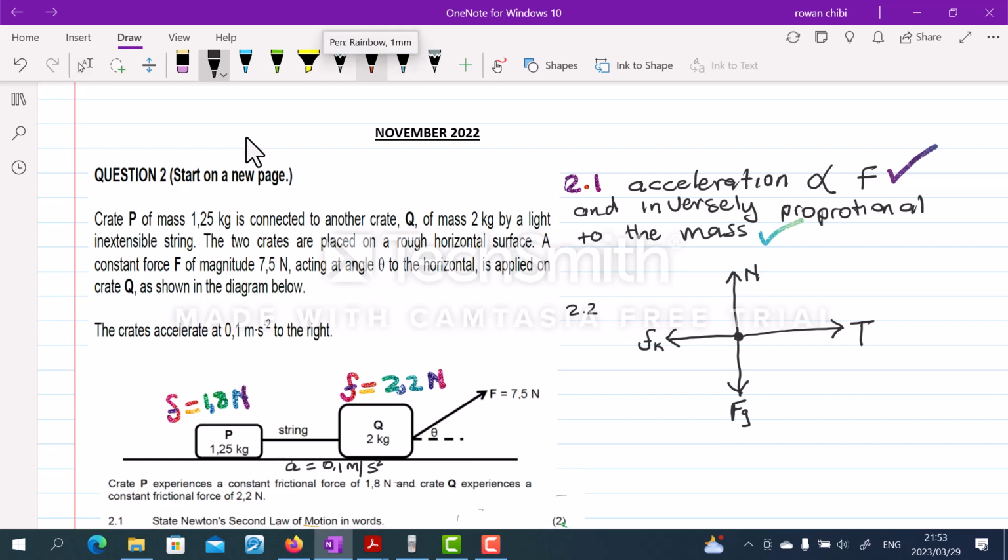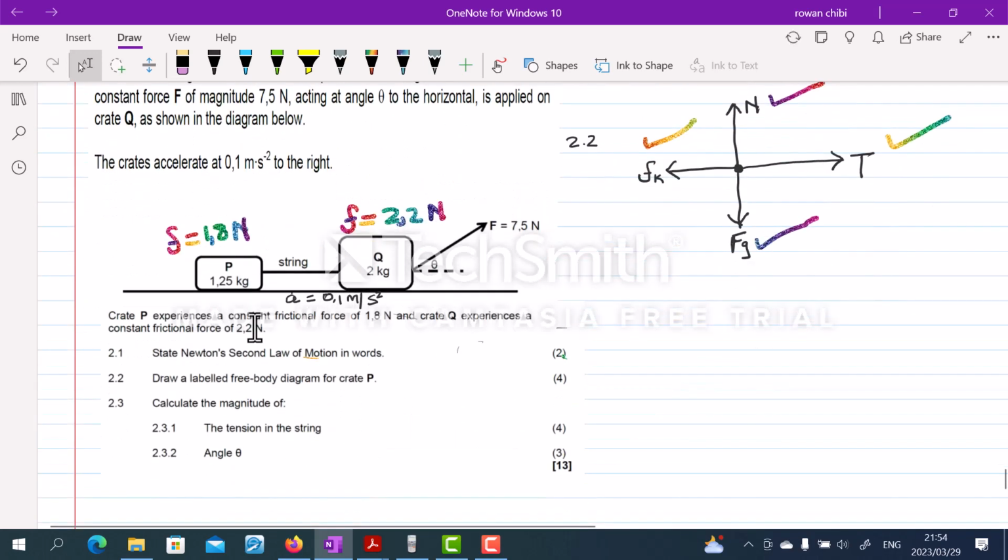So for this one, it's 4 marks: 1 mark for the normal force, 1 mark for the tension, 1 mark for the weight, and 1 mark for the frictional force. So let's go to 2.3.